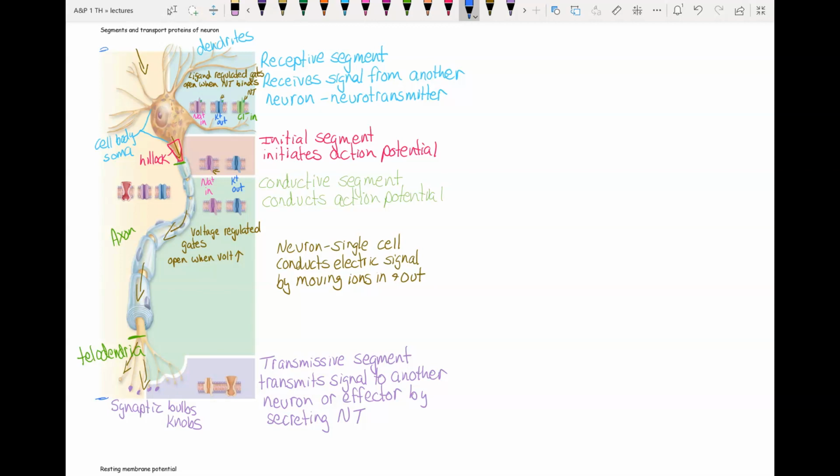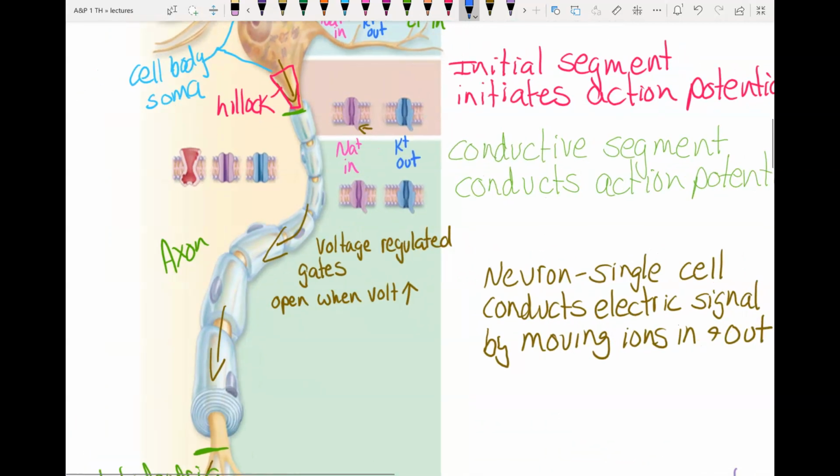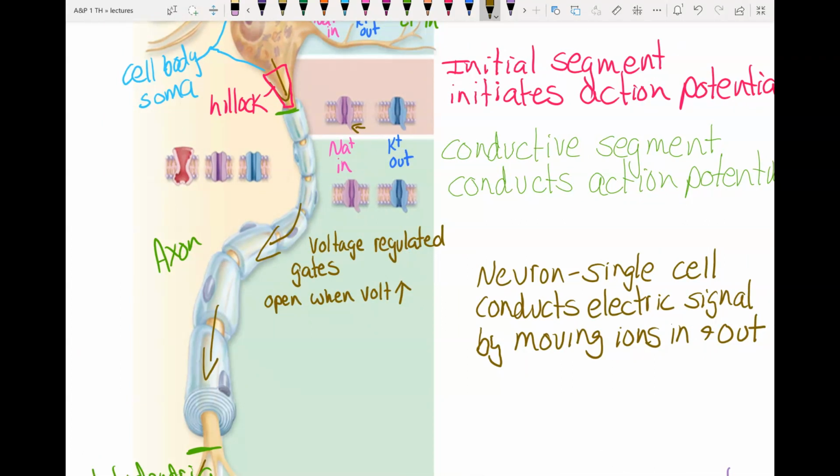The ones on the left are found throughout the entire neuron. So these 3 are in the entire neuron. Whereas, for example, the ligand-regulated gates are found only in the receptive segment and nowhere else in the neuron.